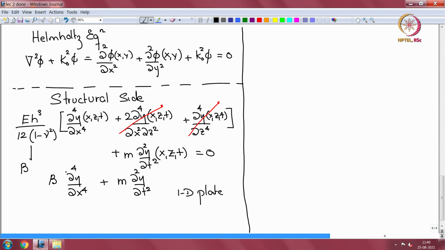Now what are the plate parameters? E is the Young modulus of the plate material. Nu is the Poisson's ratio. H is the plate thickness.